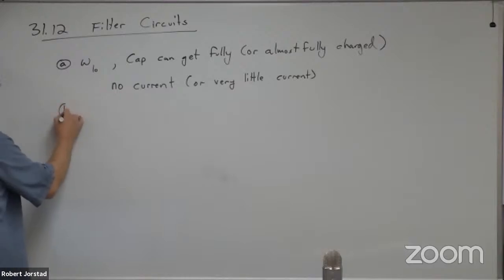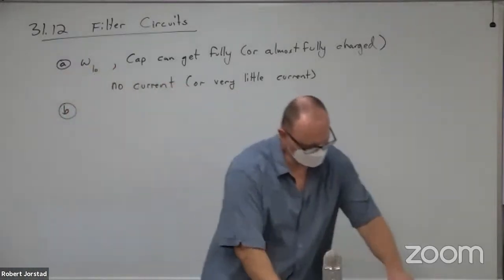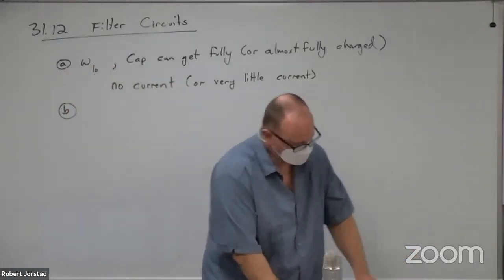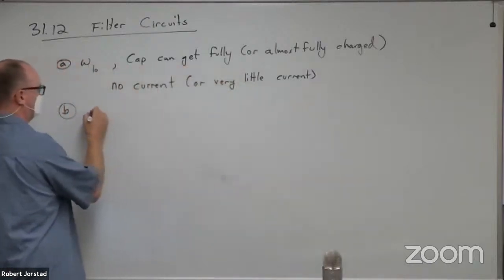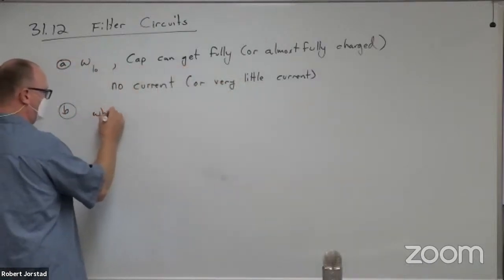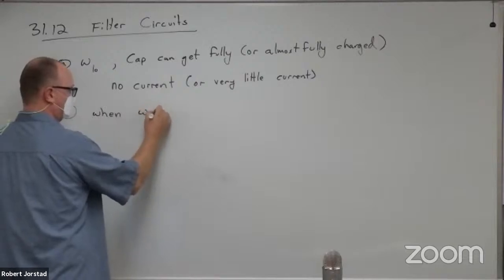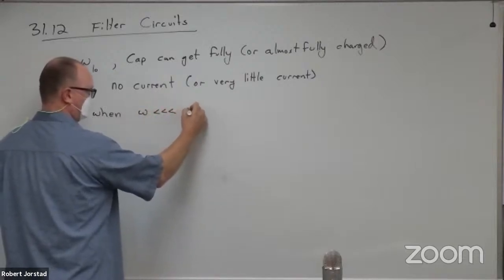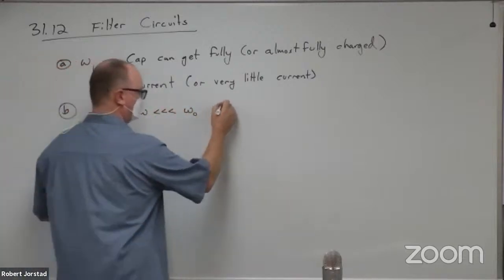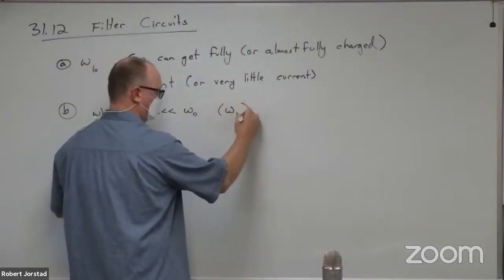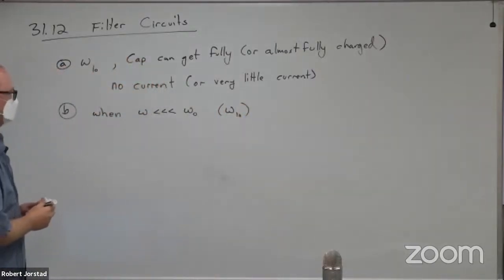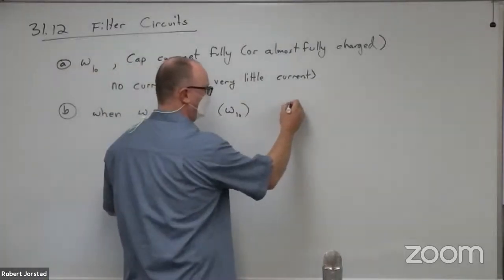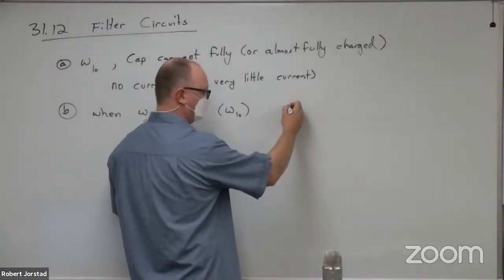Okay. What's part B? When omega is much, much, much less than the resonance frequency, that's what I mean by low frequency. What does the capacitor act like? An open switch or a closed switch?